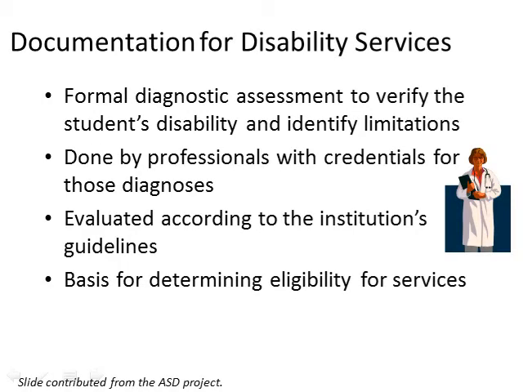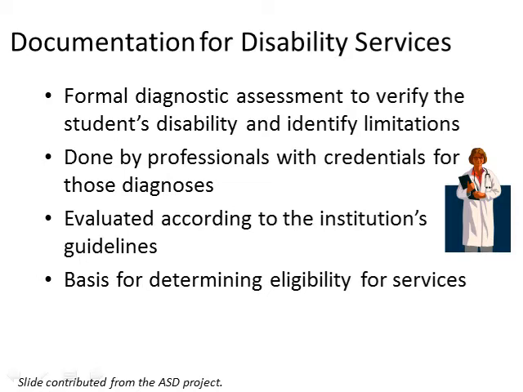Documentation for disability services needs to meet Alliant standards. What this means is that there is a formal diagnostic assessment to verify the student's disability and to identify limitations. This is done by a professional with credentials for those diagnoses.